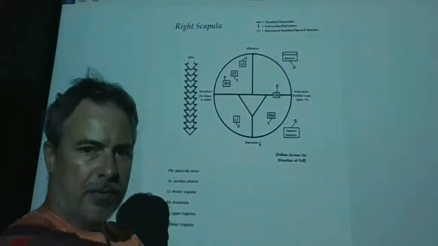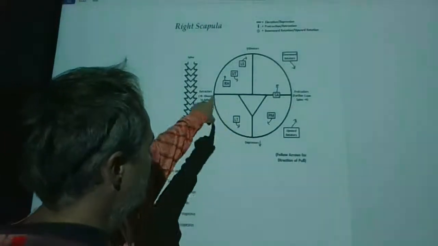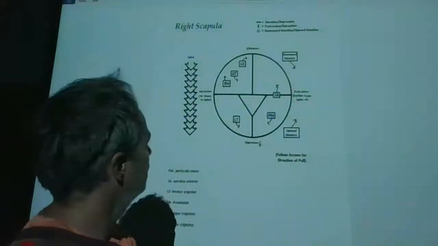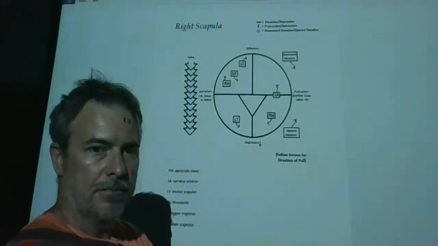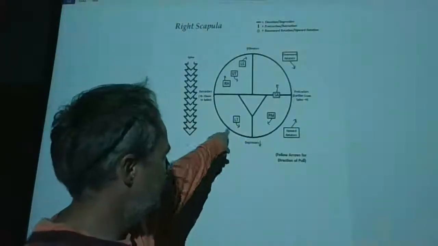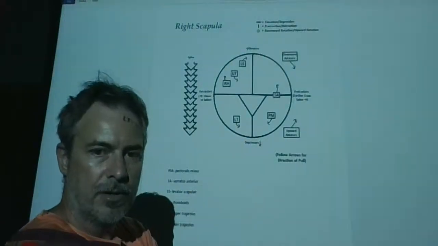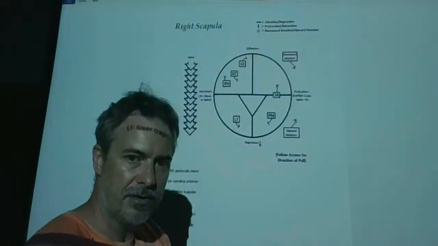So let's compartmentalize. Who are our scapula elevators? Rhomboids, upper trap, levator scapula. Who are our depressors? Pec minor, lower trap. Who are our protractors? Pec minor, serratus anterior.